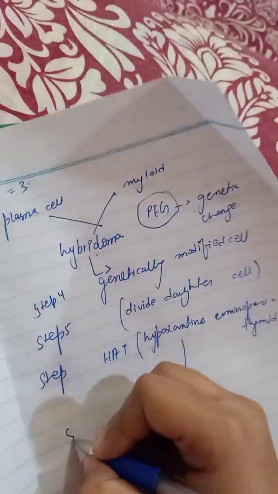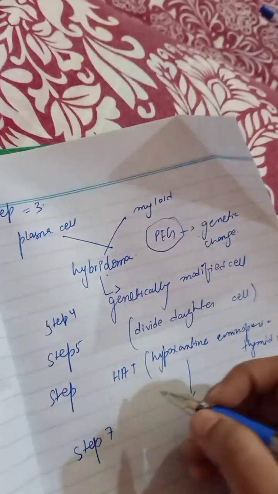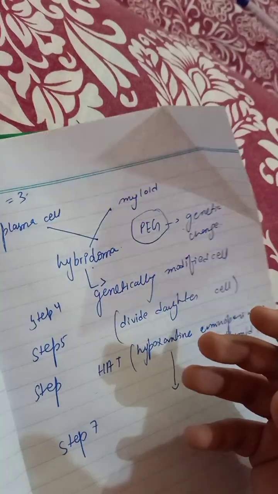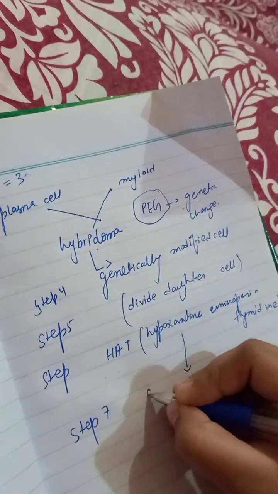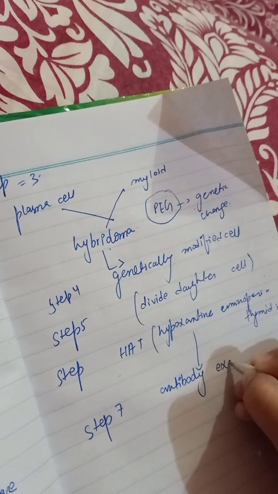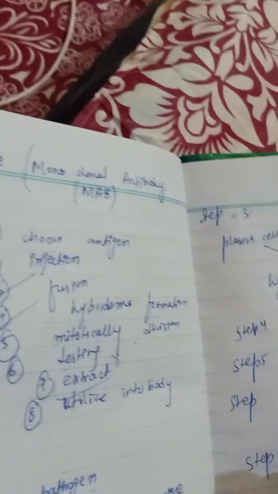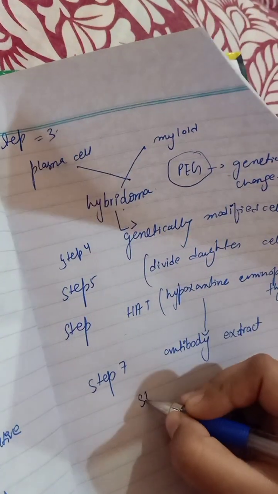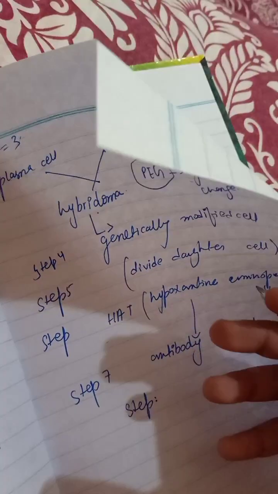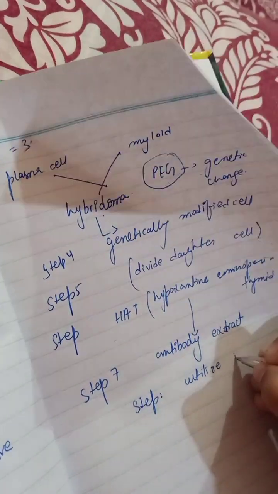After this we have the seventh step, to extract. We will be extracting those cells, and since they are making the antibody, we will extract that antibody. The antibody will be extracted, and the eighth step is to utilize it in the body. We extract that antibody and, through a vaccine, we utilize it in a human body.